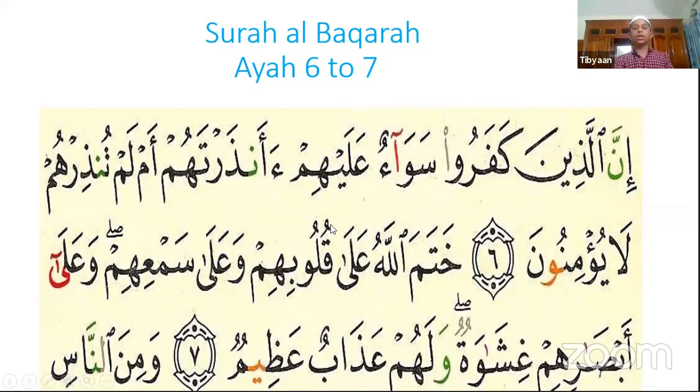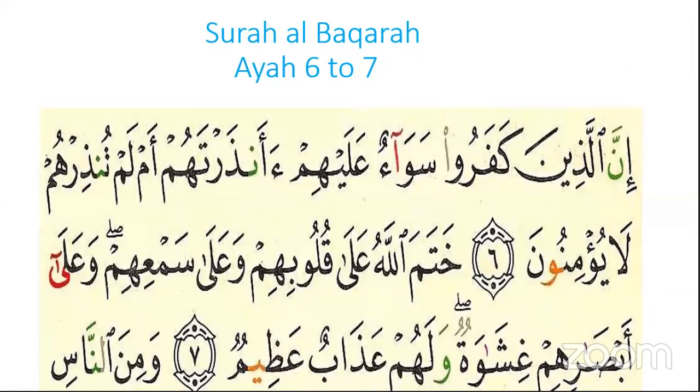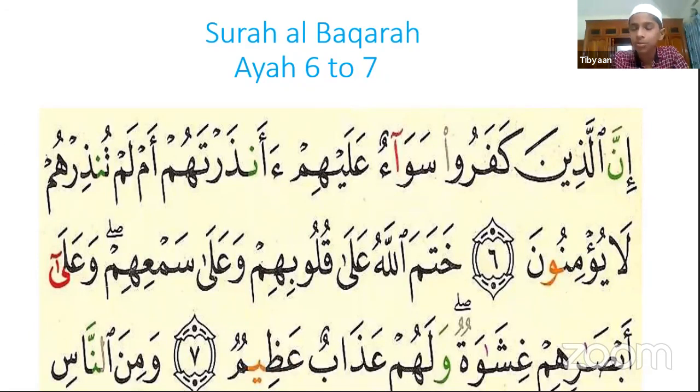So today we are going to look at ayah 6 and ayah 7. I'm going to explain everything we should do in these ayahs as per tajweed. After I explain the tajweed, you do not need to raise your hand. I will unmute some people myself, so that it is not the same people every time.